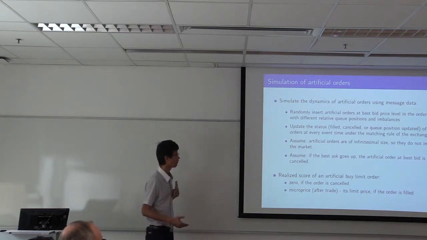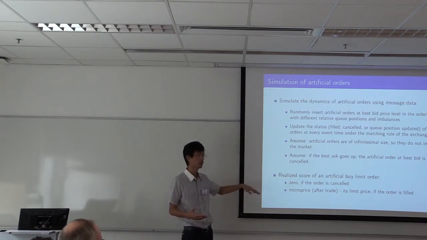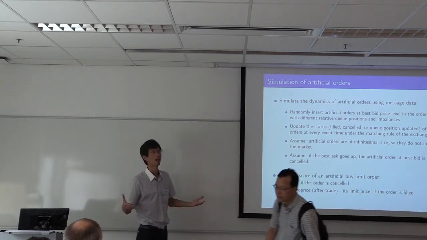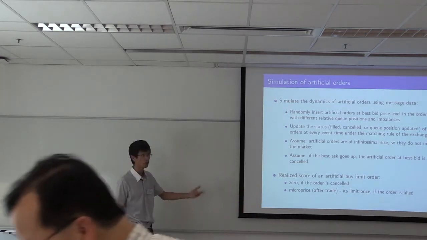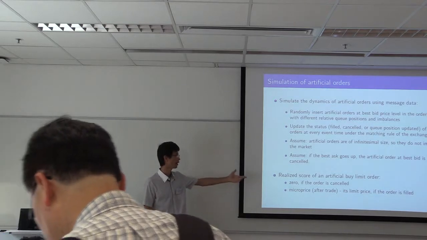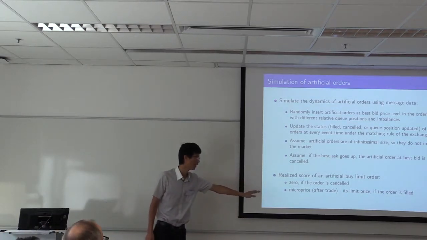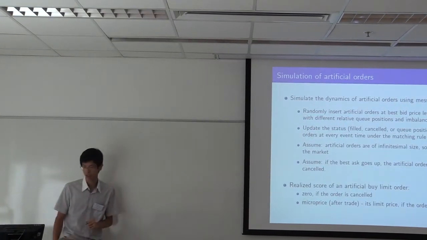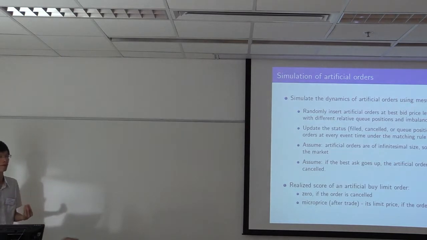According to our definition, if the order is cancelled before it's filled, then the order score will be 0. Otherwise, if the order is filled before it's cancelled, then according to our previous definition, the realized score of such a buy limit order will be the macroprice post-trade minus the bid price.